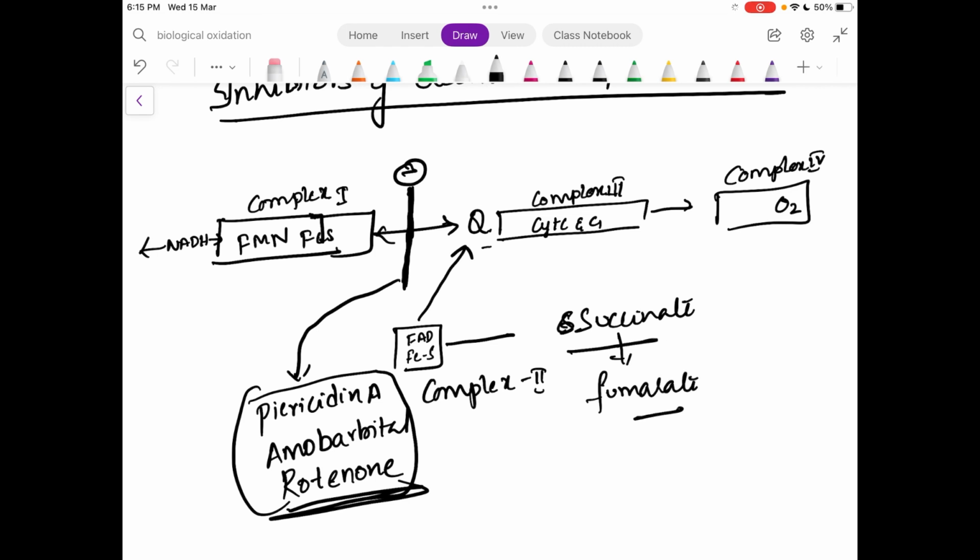This step is inhibited by malonate. This will prevent formation of FADH2, and carboxin will prevent transport of electrons from complex 2 to Q.